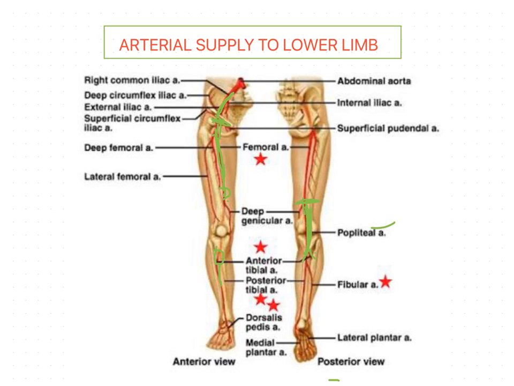The anterior tibial artery then continues towards the foot region as the dorsalis pedis artery on the dorsum of the foot, and finally it ends up as the dorsal metatarsal artery. So this is the course on the anterior aspect of the anterior tibial artery.